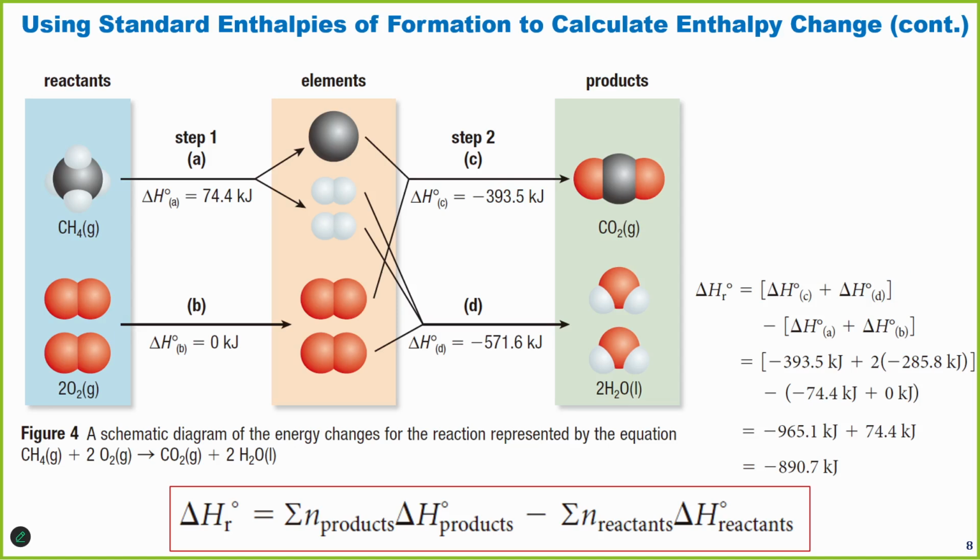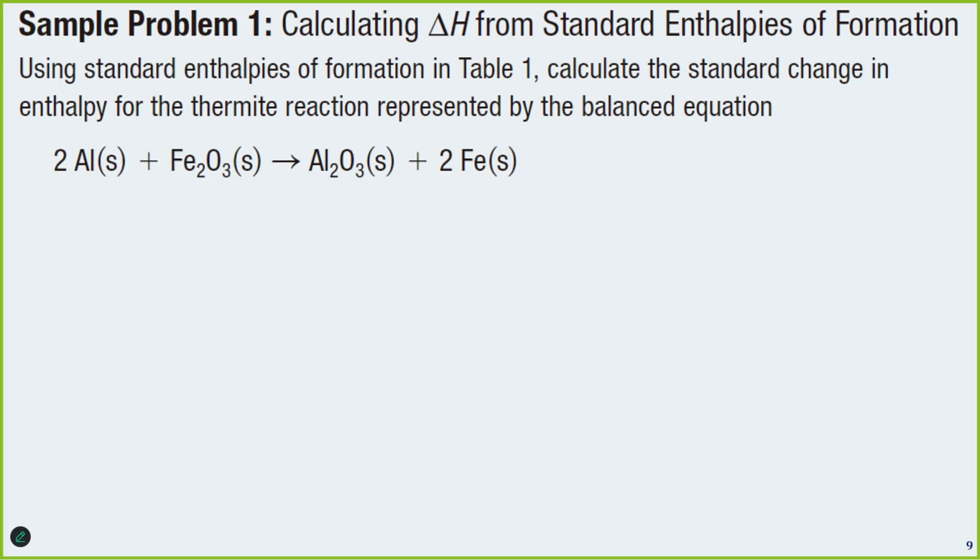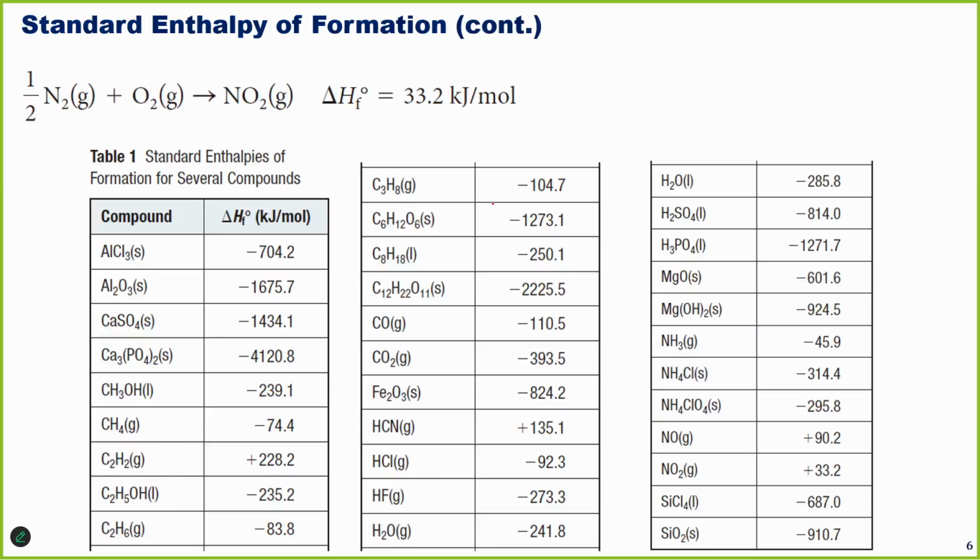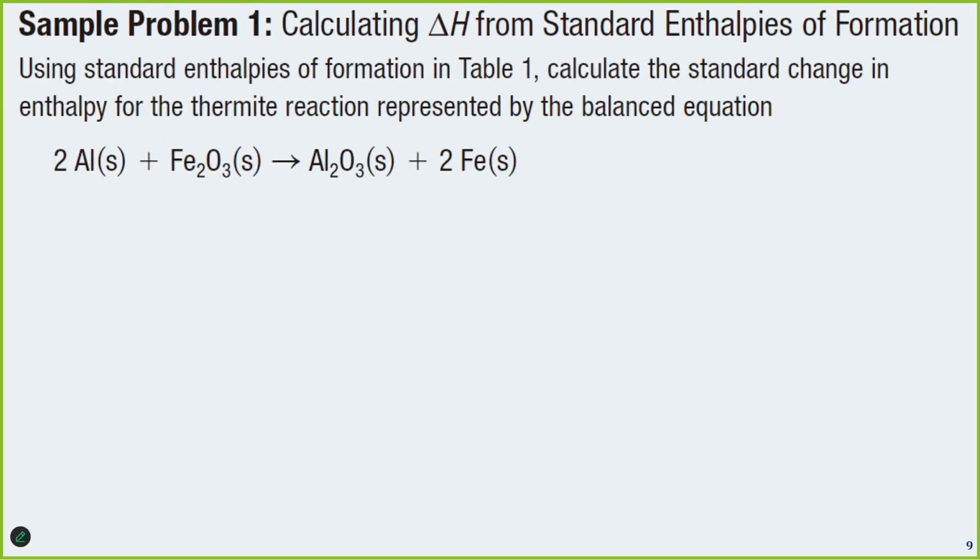Okay, so next let's have a look at a sample problem which illustrates how we can calculate the enthalpy change of a reaction, delta H, using standard enthalpy of formation values and Table 1 here. Okay, let's consider this problem.